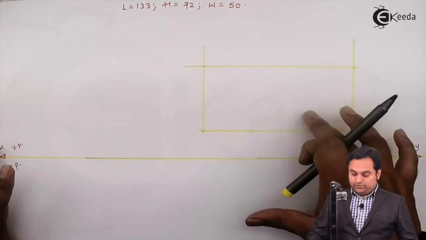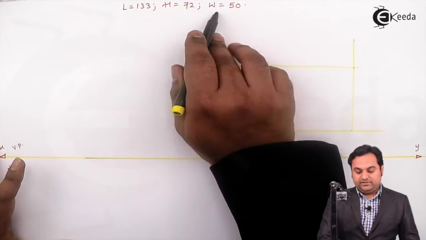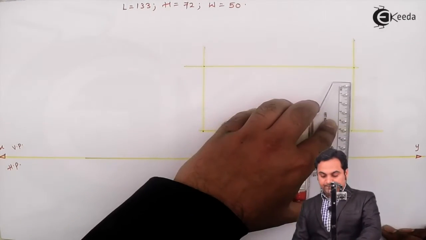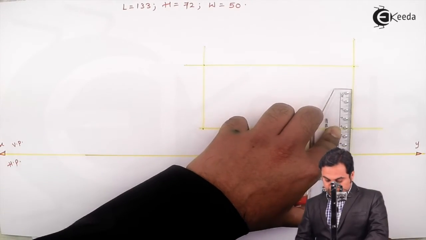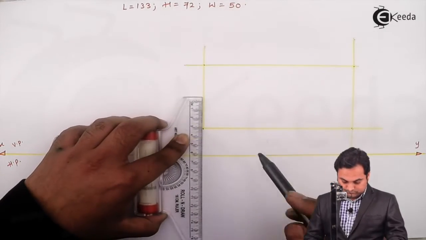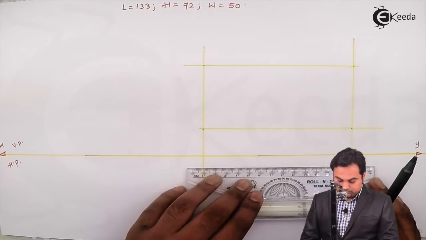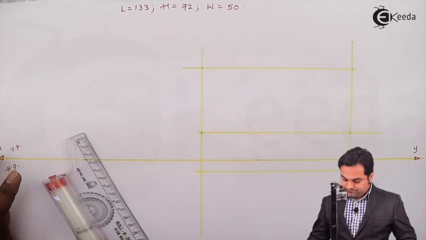Then below this there will be top view. From the top, height is not visible but length and width are seen. So length 133, I'll project it in HP. Width is 50 mm.